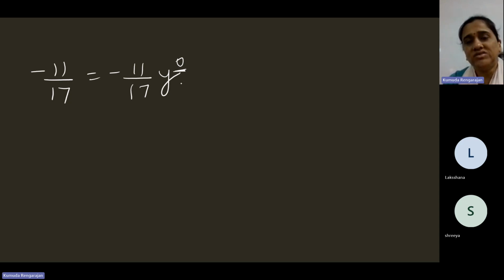Now, how many zeros does a constant polynomial have? Whatever value you give for y, that to the power 0 is 1, and 1 into minus 11 by 17 is minus 11 by 17. You cannot get 0. If it is a 0, you must get 0 as the answer.